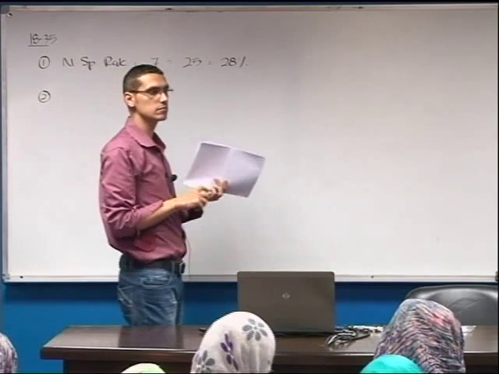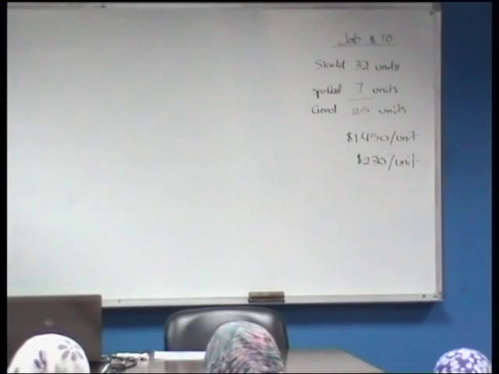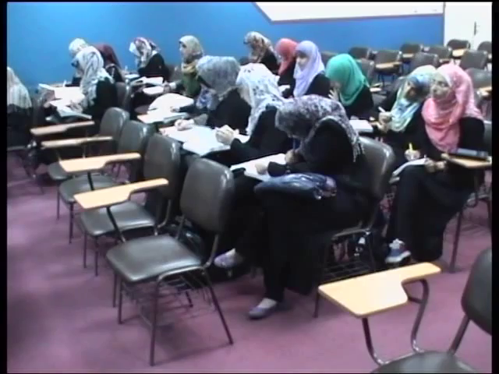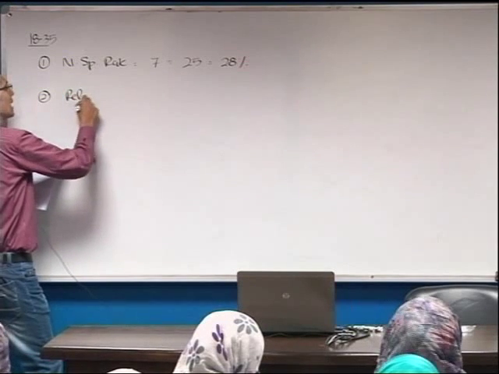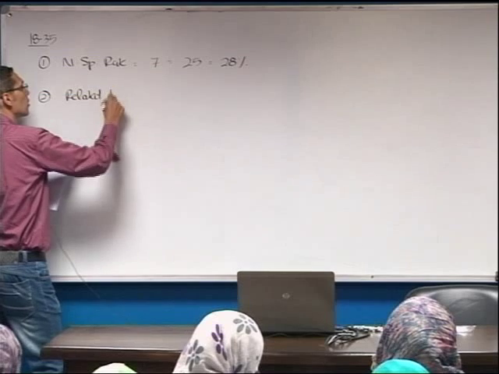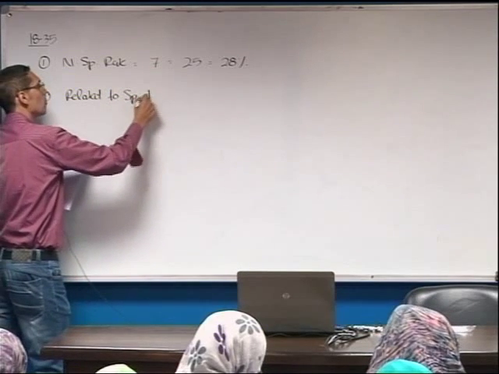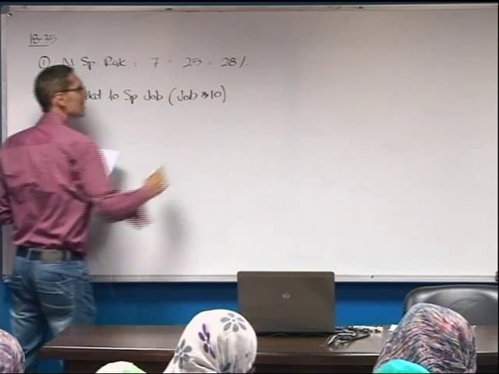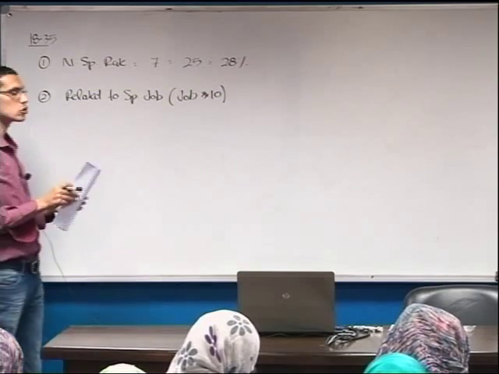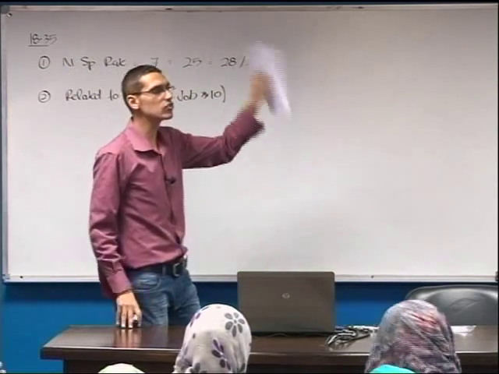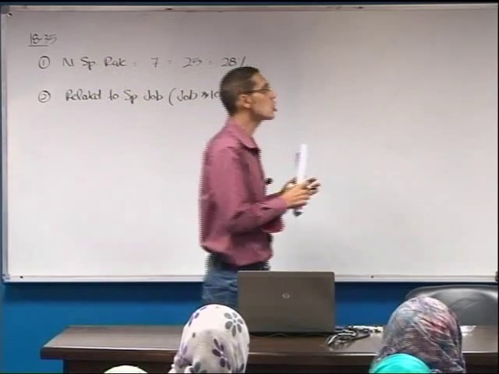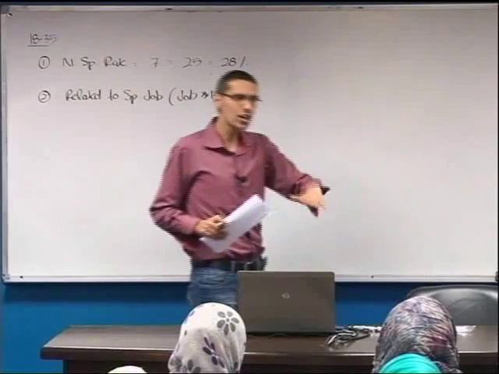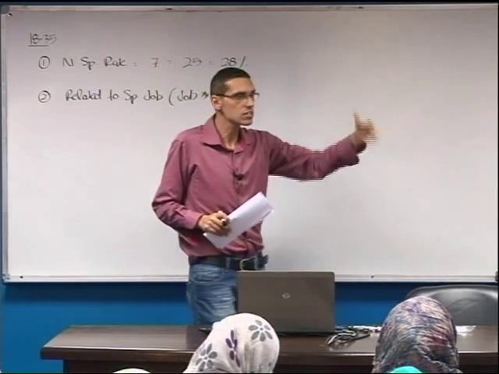Number 2, please. Prepare the journal entries to record the normal spoilage, assuming the following. A. The spoilage is related to a specific job. Therefore, if it is normal and related to a specific job, which is job number 10, the cost of $1,450 per unit, or the cost of the 7 units in total, was already incurred and already loaded onto the specific job.